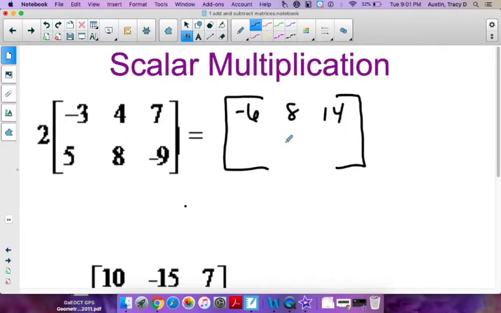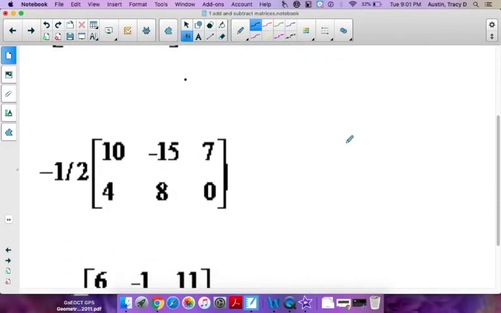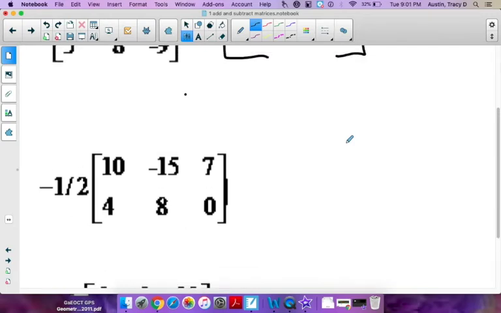-6, 8, 14 times 16, -18 is what you should have gotten. Okay, and we can do this with fractions. Again, I'll go ahead and give you a chance to pause it before I put the answer on here so you can check it.